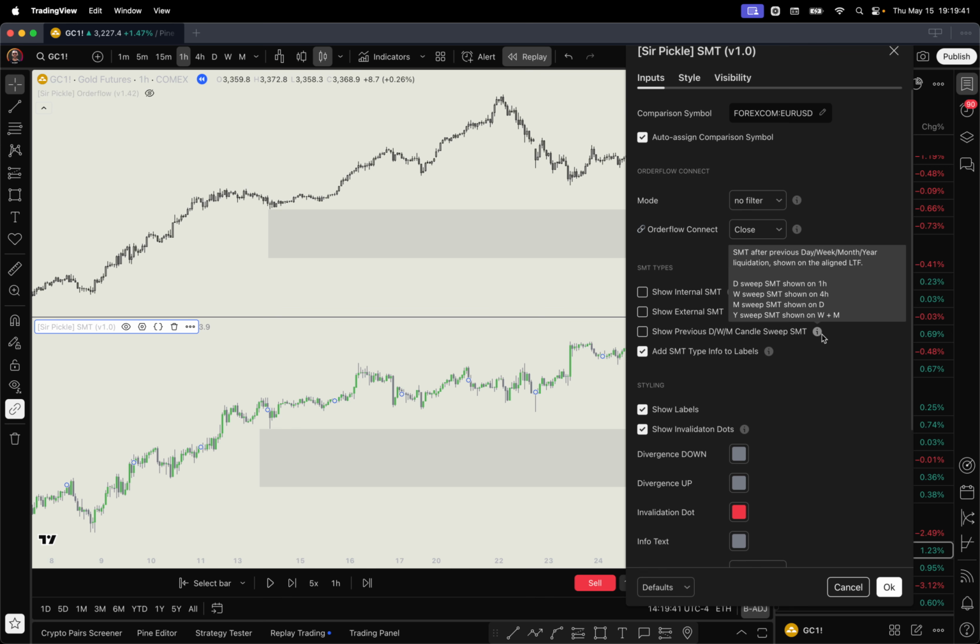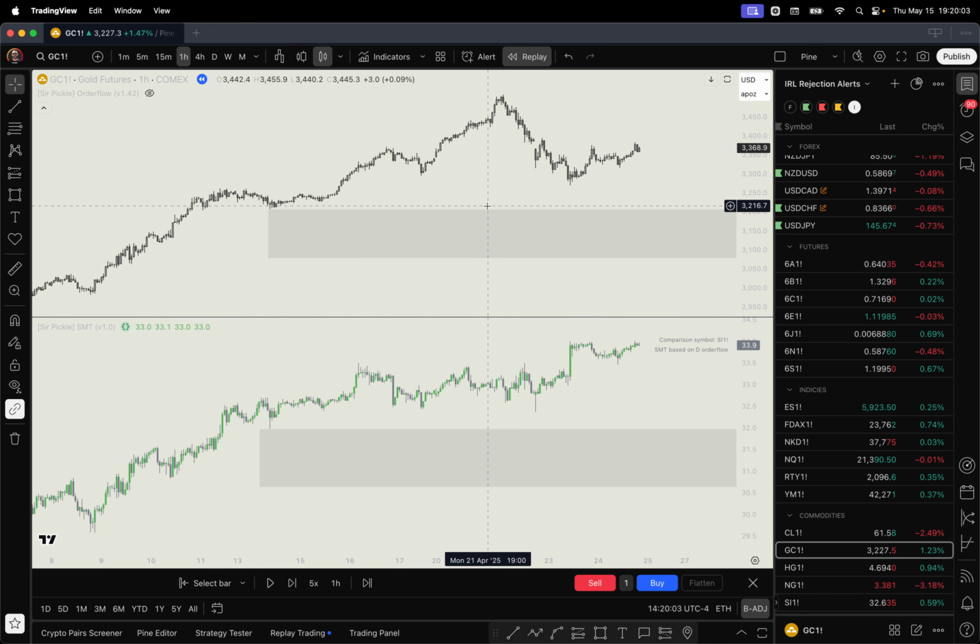We have the daily sweep SMT, so the sweep of the daily previous candle, that is shown on the 1 hour chart. The weekly sweep is shown if you are on the 4 hour chart. The monthly sweep is shown if you're on the daily chart, and the yearly sweep is shown if you're on the weekly or on the monthly chart.